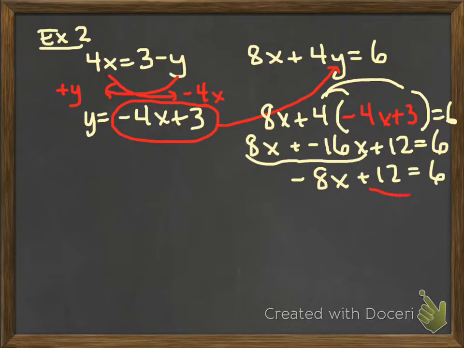We're going to bring the 12 over, that's subtract 12. And now I have negative 8x equals negative 6. Divide both sides by negative 8.